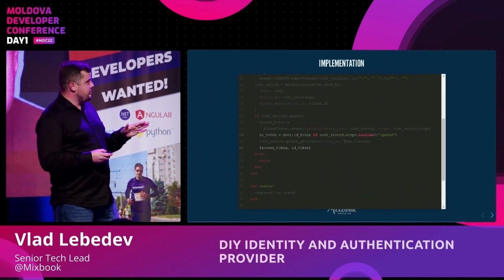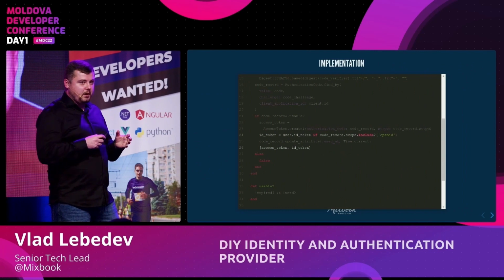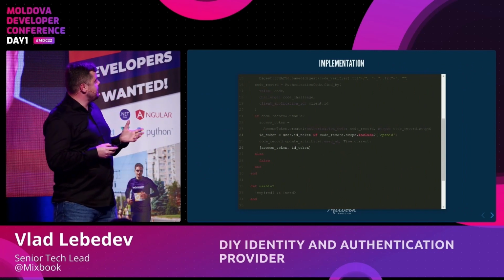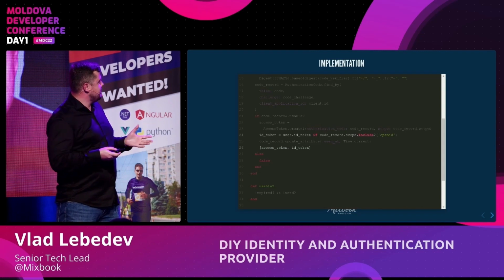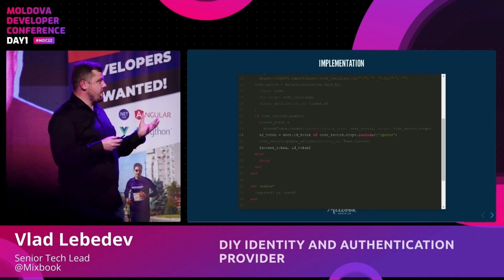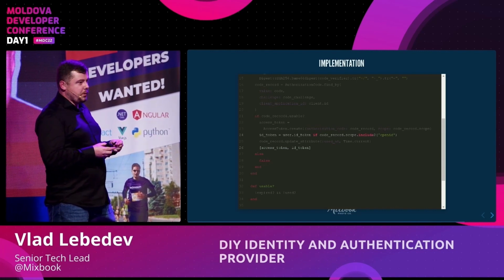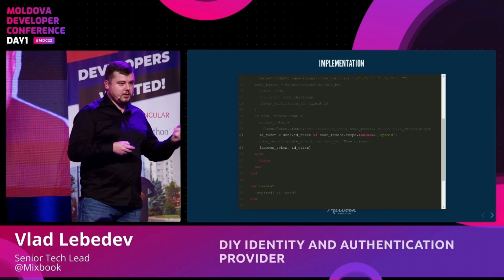And here's what you need to change in the previous implementation. The exchange happens like this. If we find that the requested scope included openid, we create an ID token and we return two tokens: an access token and an ID token.